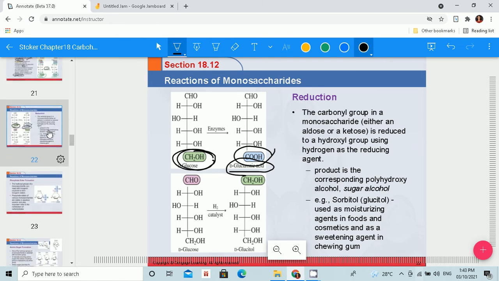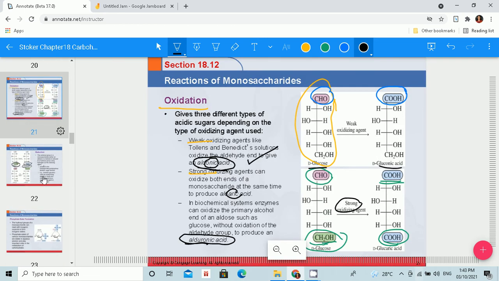So in oxidation, it's only for aldehydes. Then the carbonyl group in a monosaccharide, either an aldose or a ketose, is reduced to a hydroxyl group using hydrogen as the reducing agent. Last time our oxidizing agents were mostly Tollens and Benedict solution.